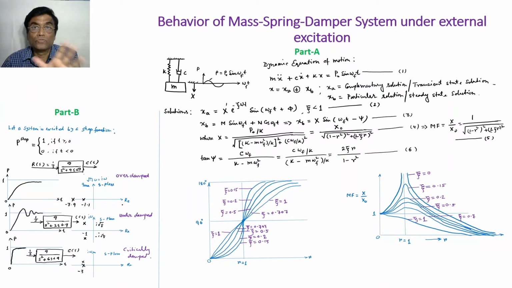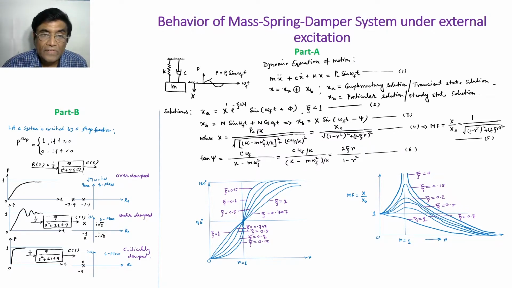With this, the deductions we have made, that means the study we have made, was for the mass spring damper system only perturbed. That means there was no external excitation continuously. Instead there was a perturbation, and that's the way it will behave.